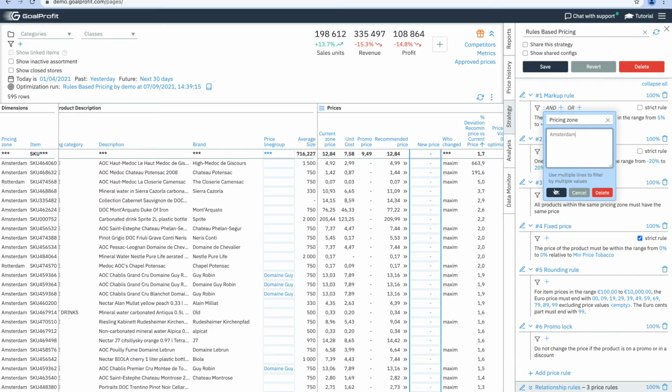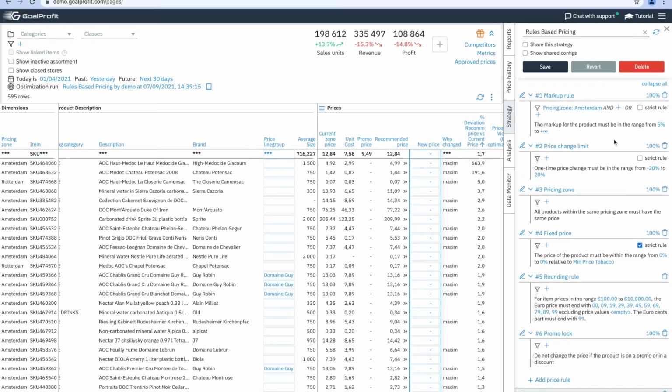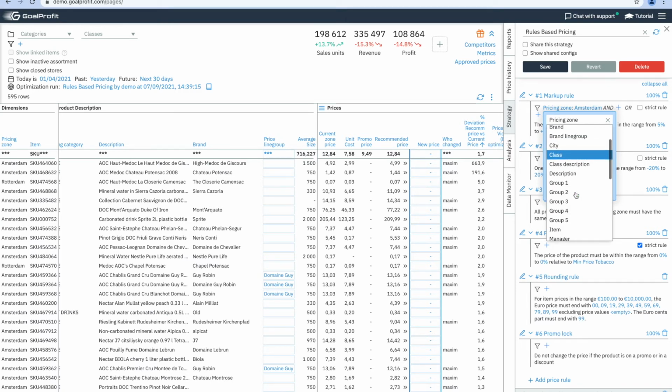It could be Amsterdam, and in this case this rule will be executed for products in Amsterdam. Or it could be any other dimension like brand or city or specific item, region, whatever. So we can define the scope.